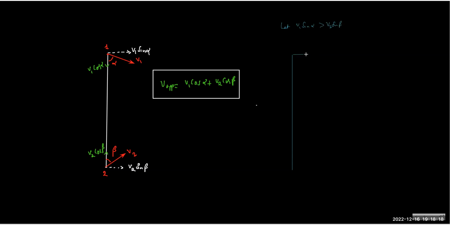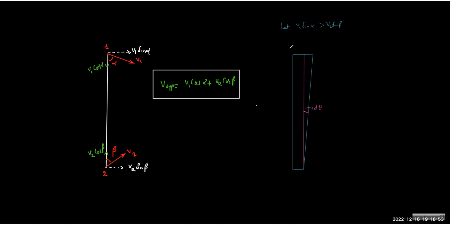It will go this way, but this will go less than this, right? These are elementary values, very small, because we are talking about the dt time. And this is the new line. I was really interested in knowing how much it has turned from the initial direction. And it's not very difficult. This is a rotation, right? Can we call this d theta? Tell me, guys. Can we call this d theta? Yes.